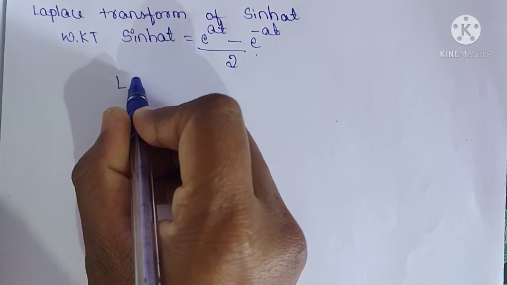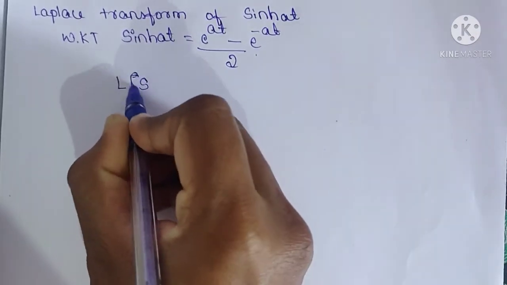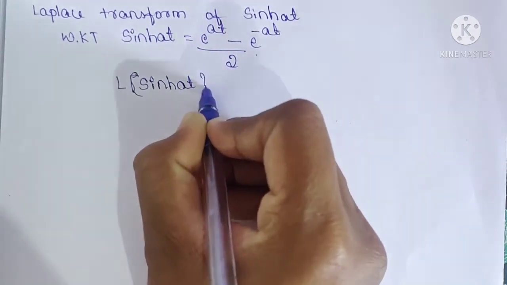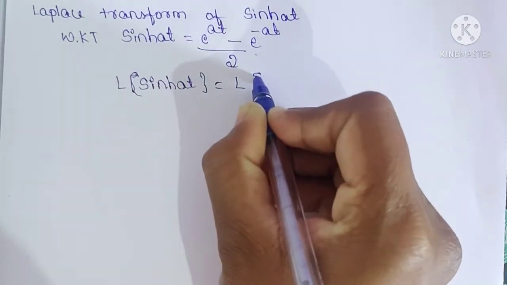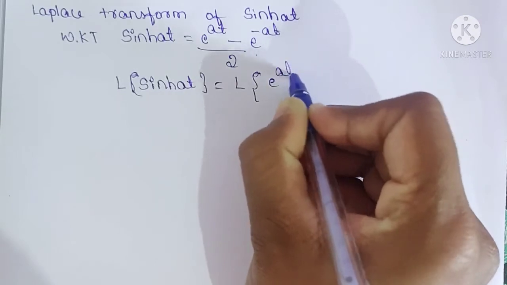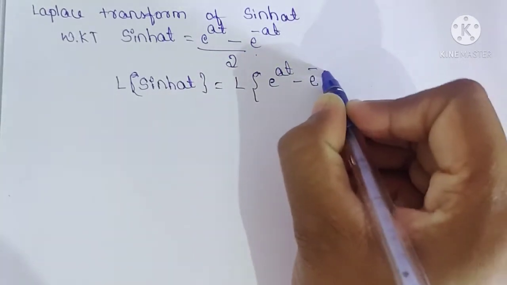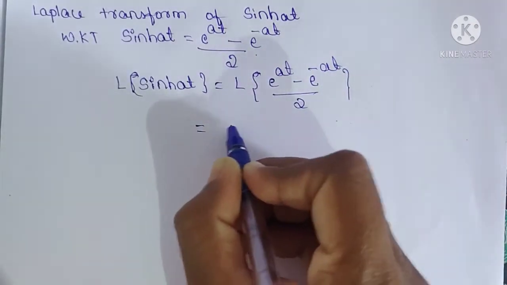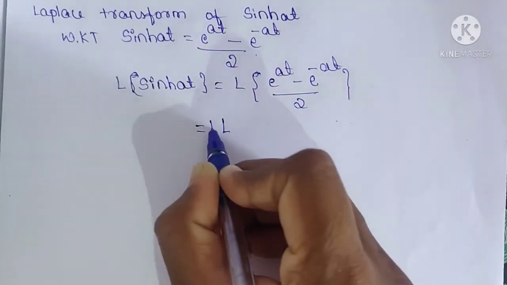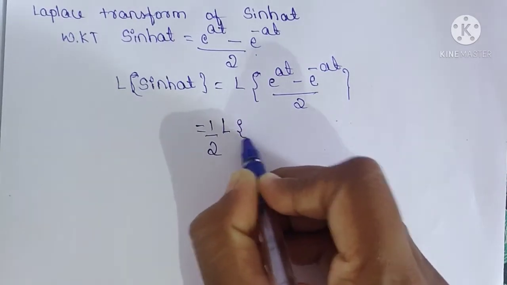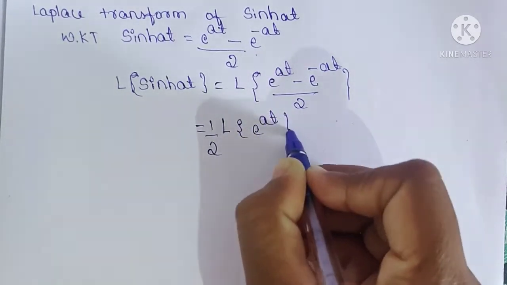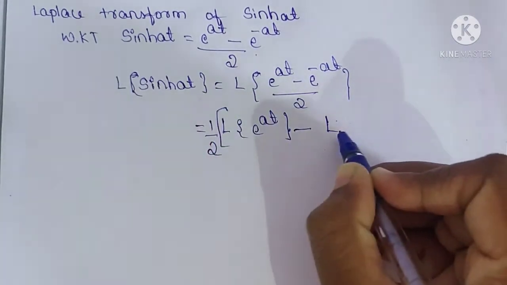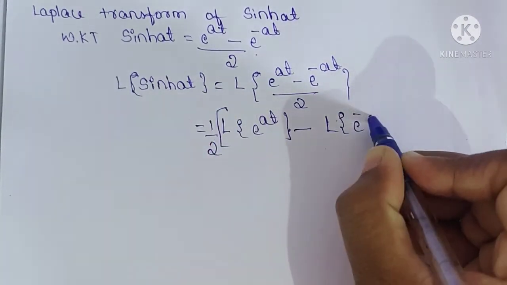Laplace of sinh(at) is equal to L of (e^(at) minus e^(-at)) divided by 2. This can also be written as 1/2 into L of e^(at) minus L of e^(-at).